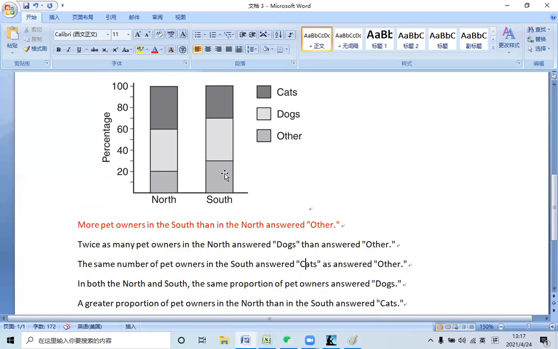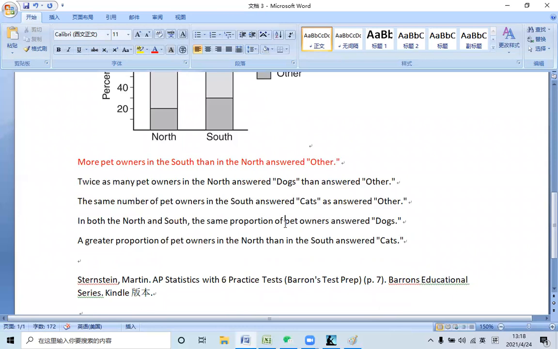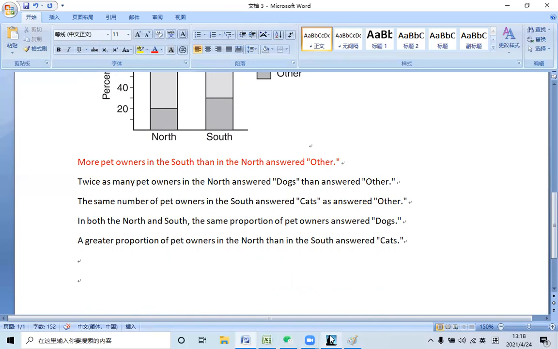In this case, we know both the proportion and the number, because the total number of people in the sample will be the same in the south. Yeah, this one is about proportion. Good, good. So this is good understanding, a good question about proportion versus counts, proportion versus numbers.